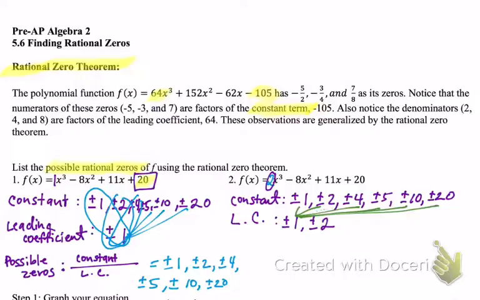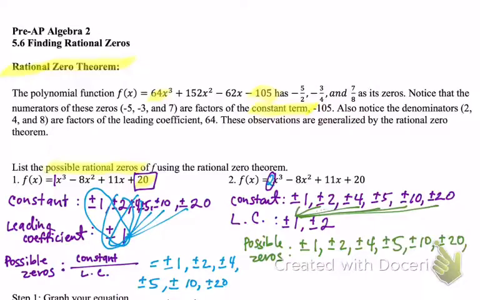And then I'm going to also put all of them over 2. So I'm going to say possible zeros include, I'm going to list out all of them again because these are all over 1. And then I'm also going to put them all over plus or minus 2.